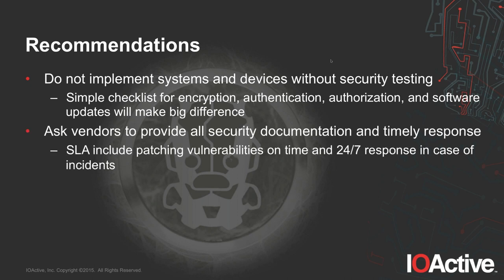Then I think vendors should provide really good support when they are selling services to the city, because when you find a vulnerability in a city system, you need to have a fix soon. But if the vendor doesn't have anything that makes them provide a quick fix, they won't do it. I have seen that with the research I did last year.